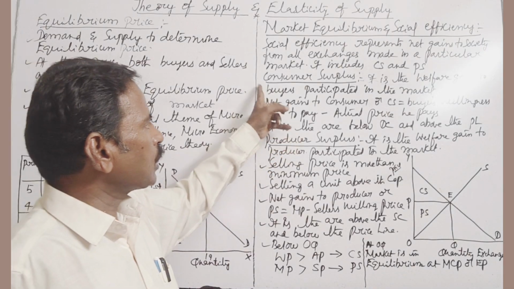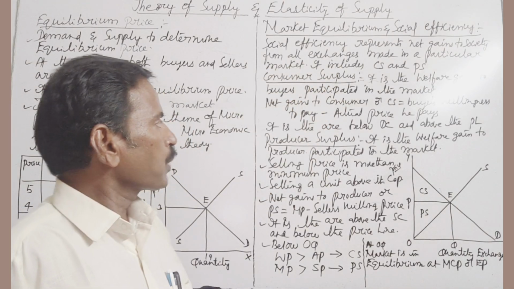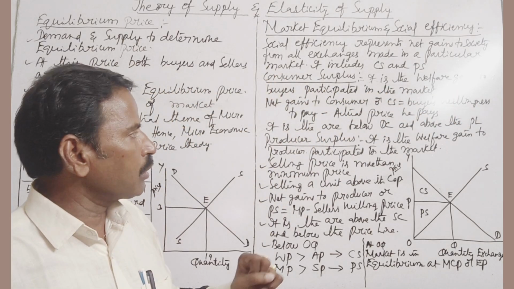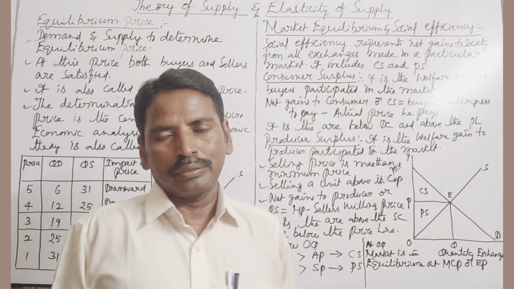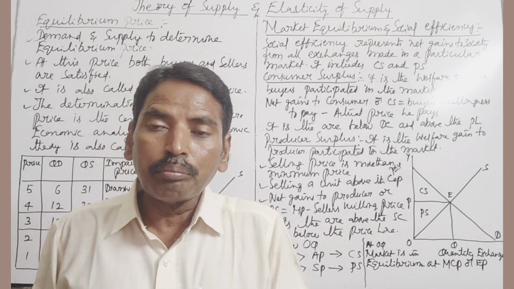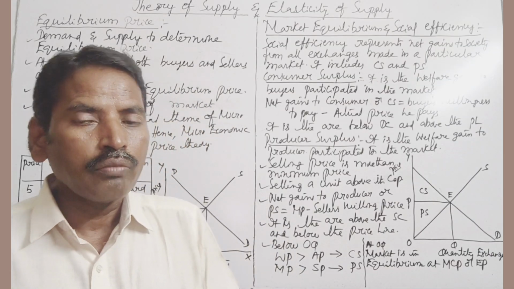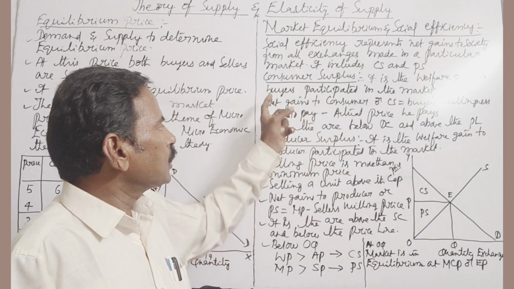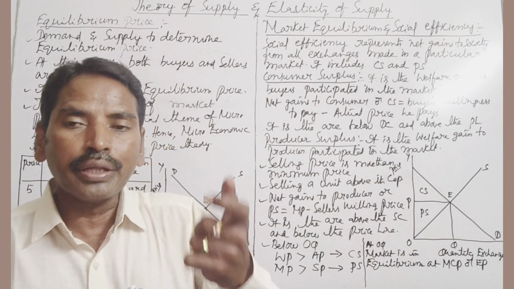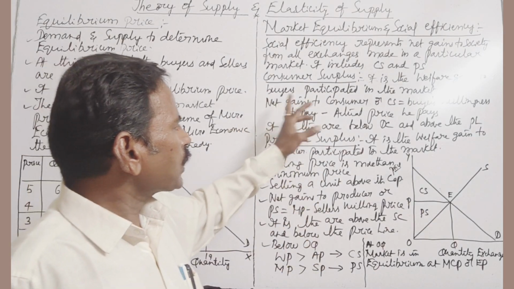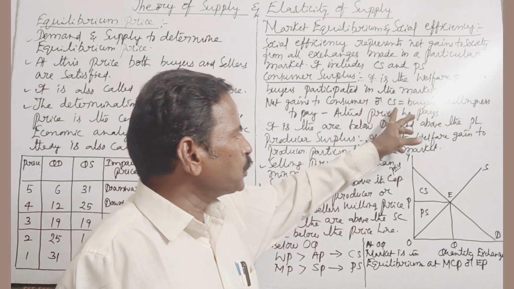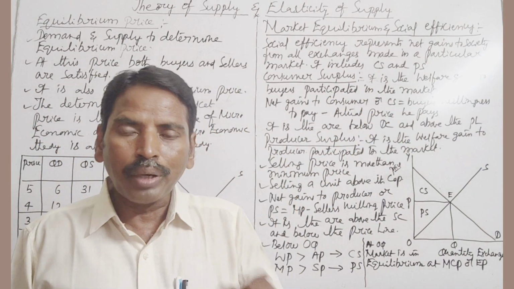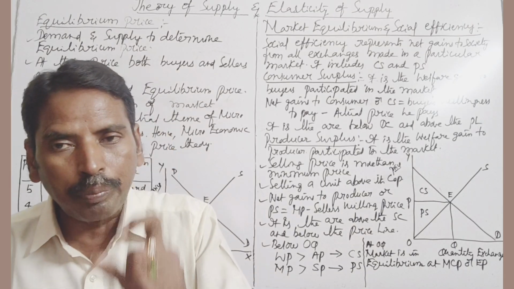Now let us examine consumer surplus. Consumer surplus is the welfare gain to the buyer participating in the market. It is the benefit to the buyer. Net gains to the consumer, or consumer surplus, is equal to what a consumer is ready to pay minus what he actually pays.